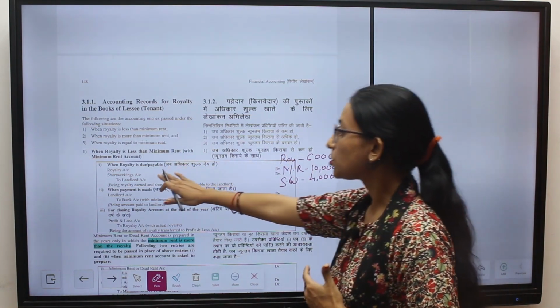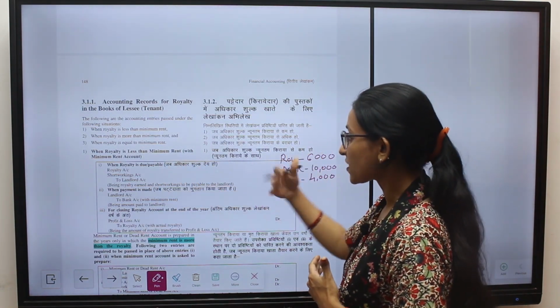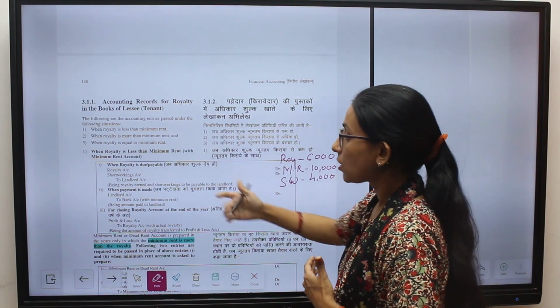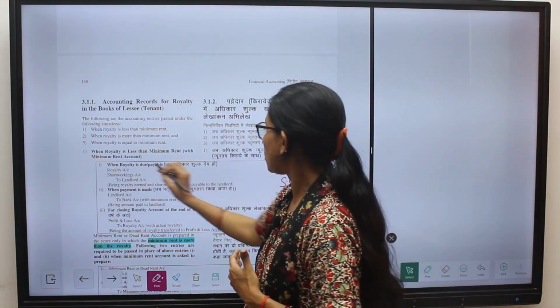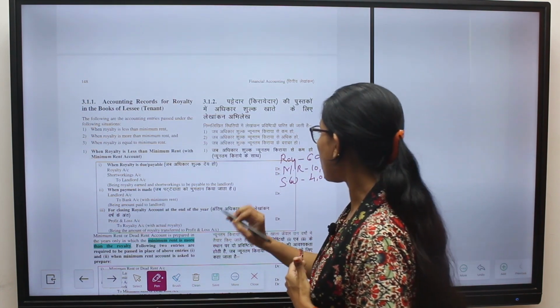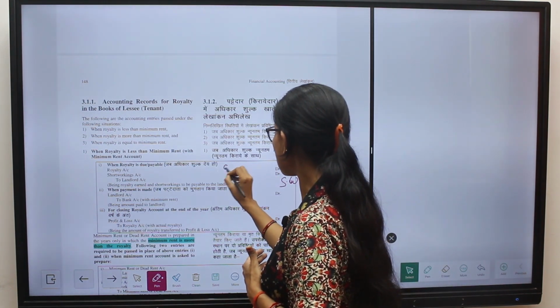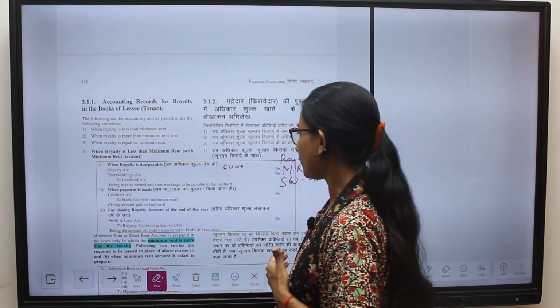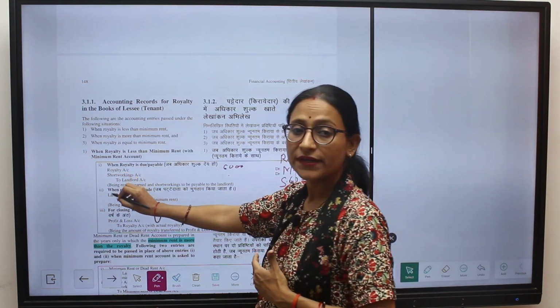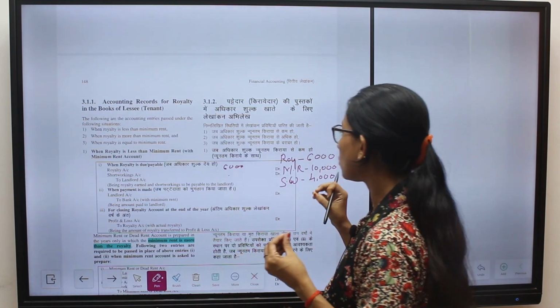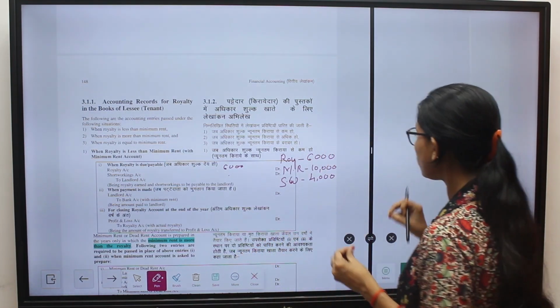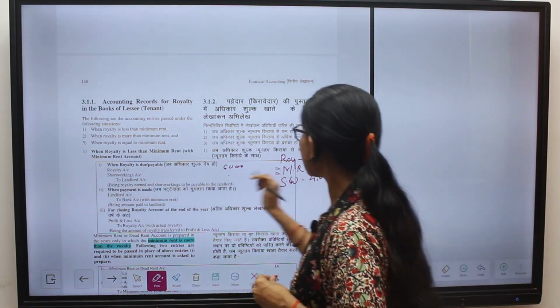Whenever the royalty is due, because royalty is the expense for the lessee and short working is the expense for the lessee, he will debit the royalty with 6,000. Then he'll also debit the short working because it is also an expenditure for the lessee, so short working account will be debited with rupees 4,000.